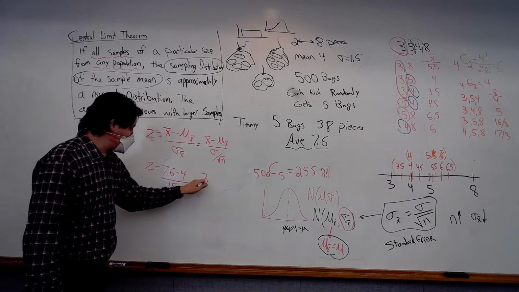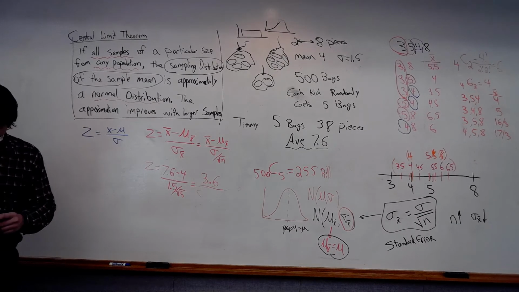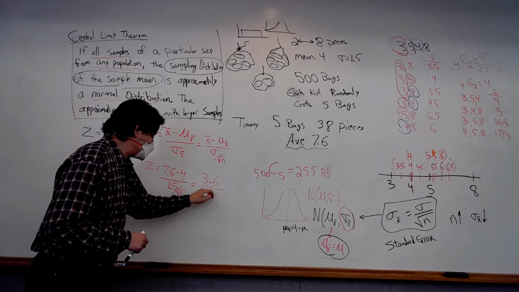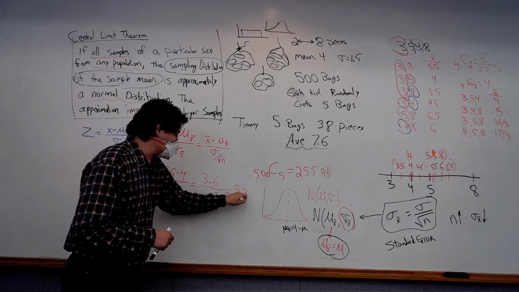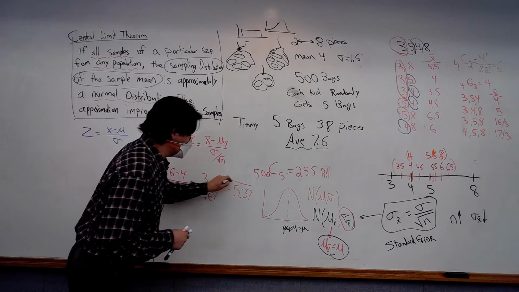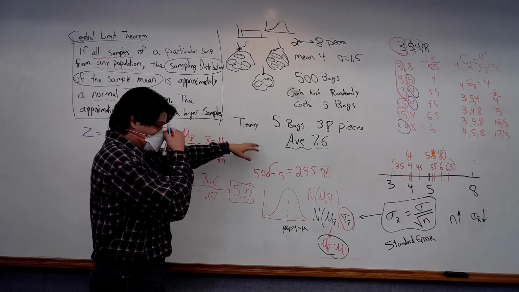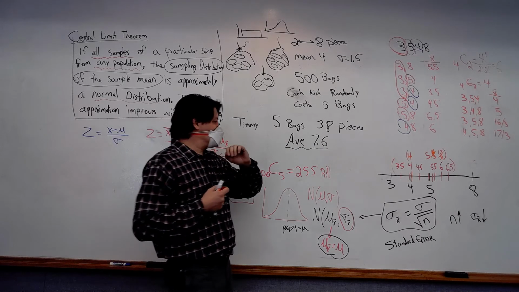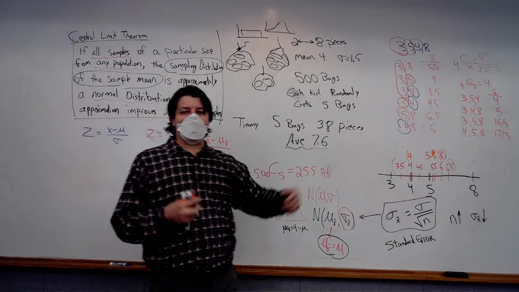The square root of 5 is about 2.24. So 1.5 over 2.24 becomes 0.67 on the bottom. And so we get a z-score of 5.37 or something like that. Now, this is our z-score. That is giving us insight into how far. So Timmy's sample average is 5.37 standard deviations away from the mean.